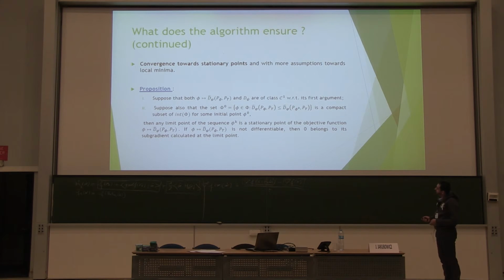For this to happen, I add an assumption that the distance-like function is a C1 function. For the objective function, if it's C1, then everything is okay. If it's not, then what we can prove is that it is a generalized stationary point, which means that 0 belongs to the subgradient of the objective function calculated at a limit point of the sequence.